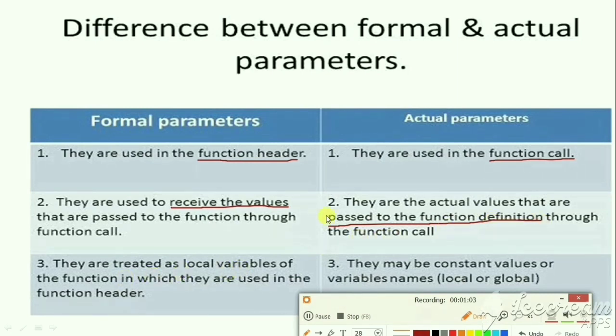So here they receive the values, but here they are the actual values. Formal parameters are treated as local variables. The variables declared in the function definition are called local variables, and they are used in the function header. Actual parameters may be constants, values or variables. So these two are local or global variables. This is very important, you have to study.